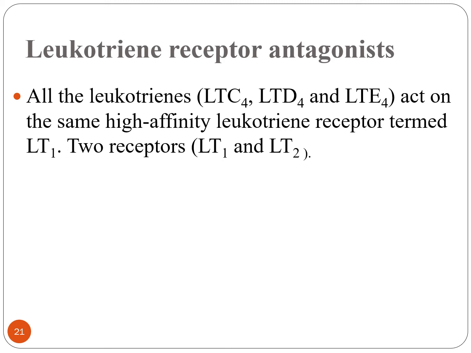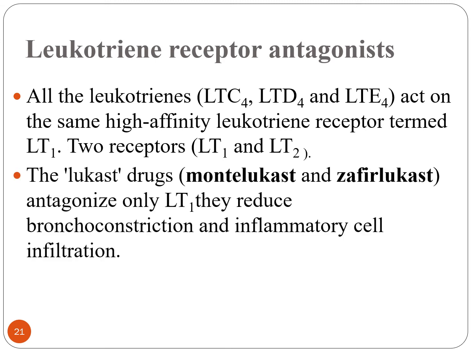They act on LT1, producing bronchoconstriction. We have drugs that end with the suffix -lukast, such as montelukast and zafirlukast, which antagonize only the LT1 receptors. So they reduce bronchoconstriction and inflammatory cell infiltration that is mediated by the leukotrienes.